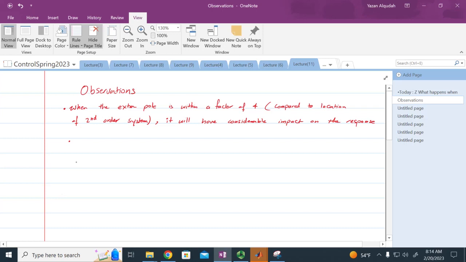However, when alpha is greater than 5, then we can approximate the third order system with a second order system.